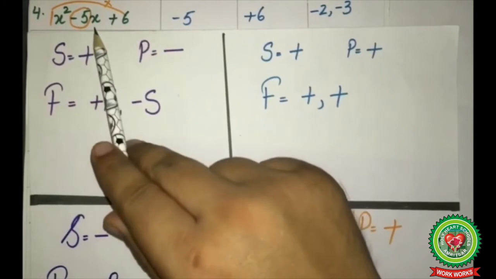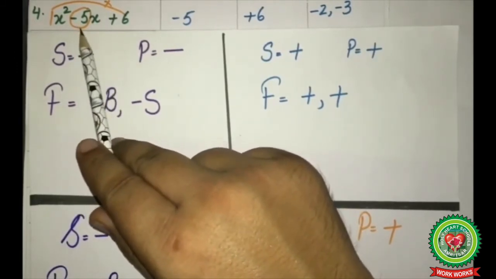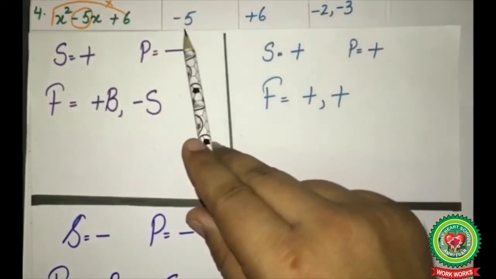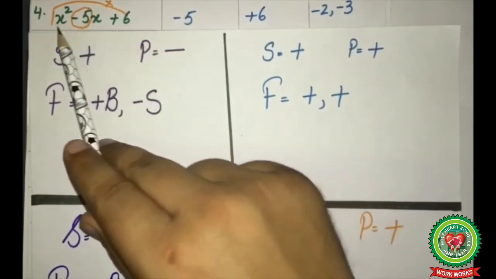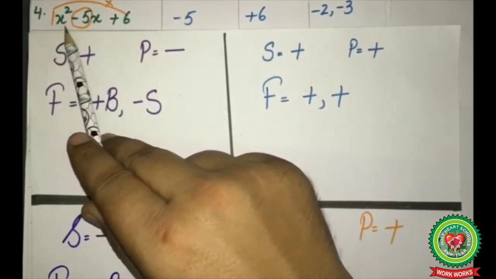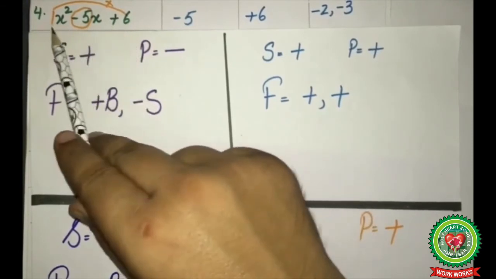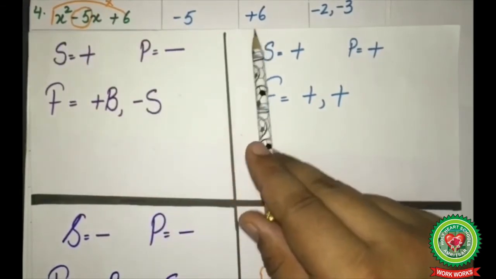The next example is x square minus 5x plus 6. Here the coefficient of x is minus 5, so the sum required is minus 5. And the coefficient of x square and the constant term gives us the product, that is plus 6.